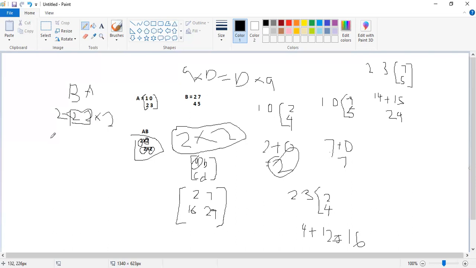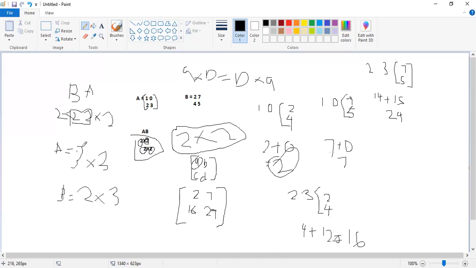But in cases, let's say A is a 3 by 3 matrix, and then B is a 2 by 3 matrix, right?